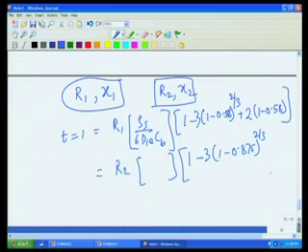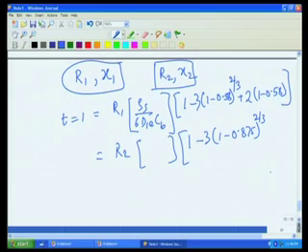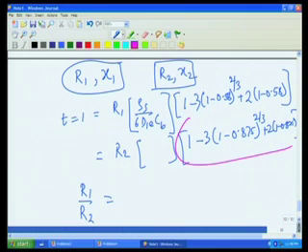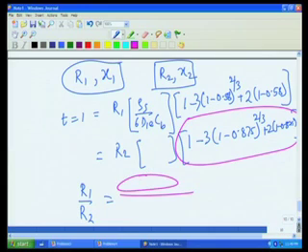Okay. So, if this was correct, then the ratio of the two should be equal, because that is the same 1 hour. Now, what must happen? R1 by R2 must be this factor over here, divided by this factor over here, plus 2 into 1 minus 0.875.